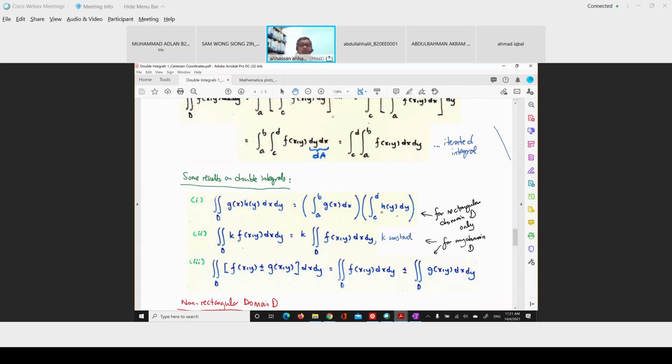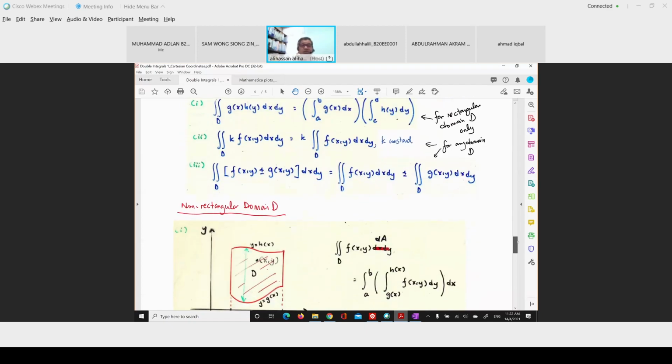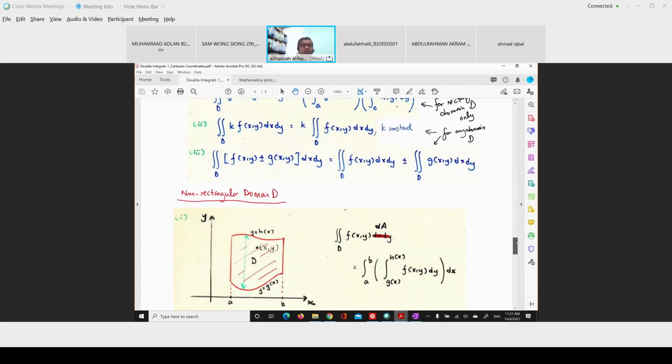But this is only limited to rectangular domain D. We will see later non-rectangular domains, and I will discuss how to evaluate double integrals for non-rectangular domains.